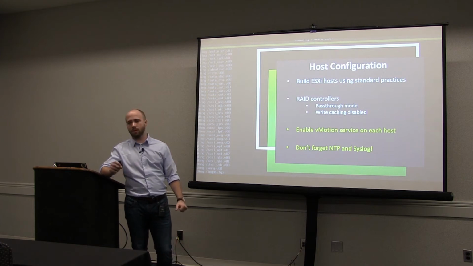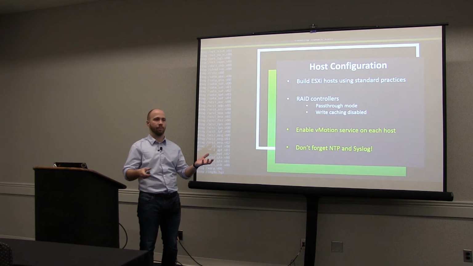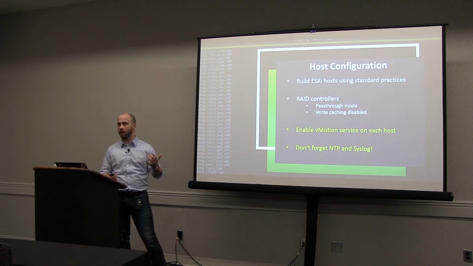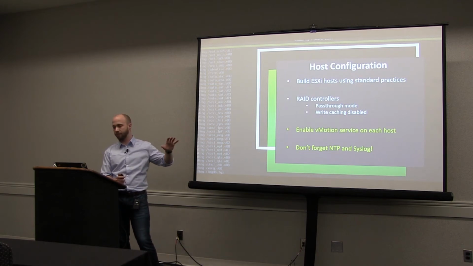Also on the RAID controller, if it is capable of any write caching, you're going to want to disable that. vSAN handles the caching in the software, and if the RAID controller is doing it separately, that can cause problems. So you're going to want to disable any write caching at the RAID controller level.